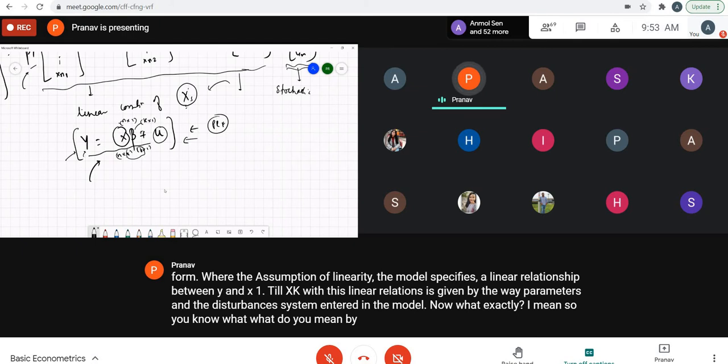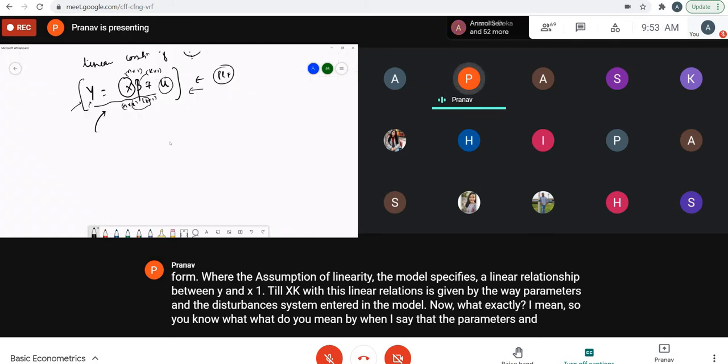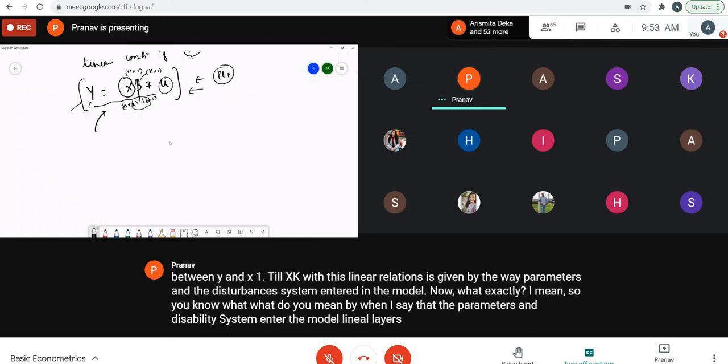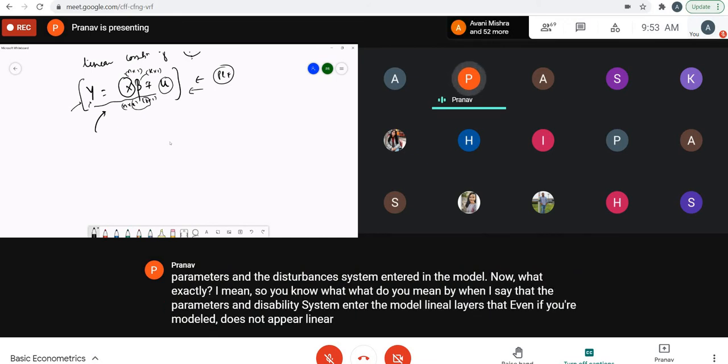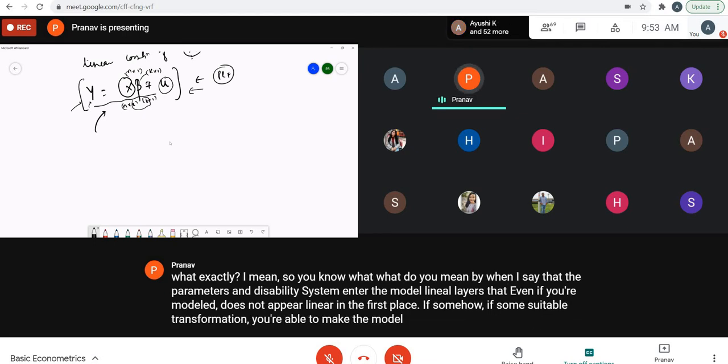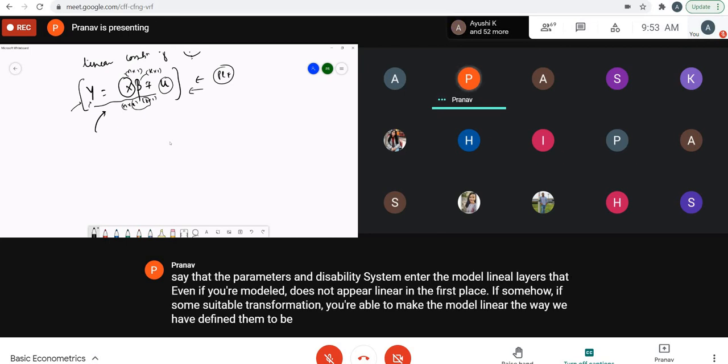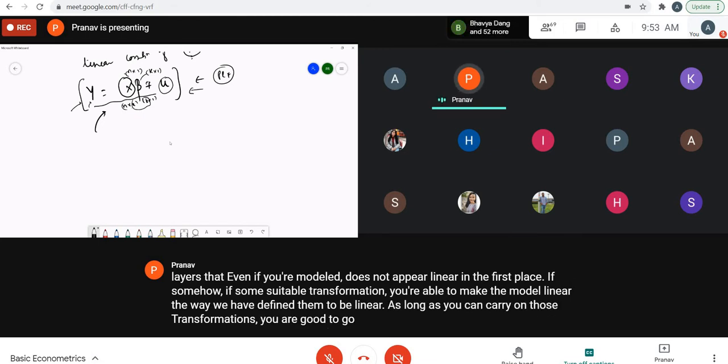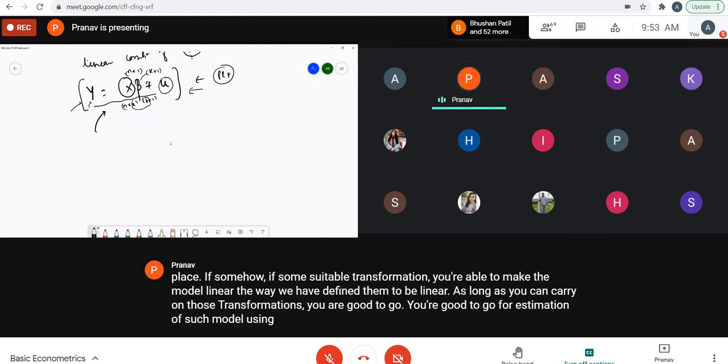What I mean is that even if your model does not appear linear in the first place, if through some suitable transformation you are able to make the model linear the way we have defined it, as long as you can carry out those transformations, you are good to go for estimation of such a model using classical linear regression techniques.